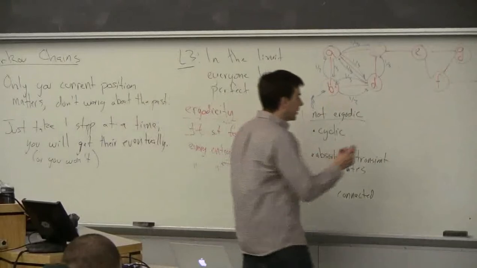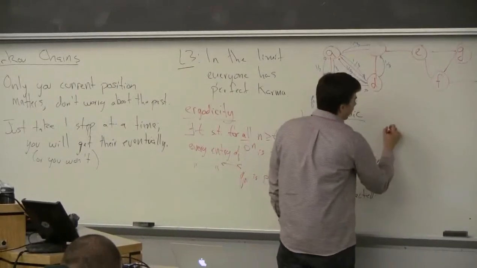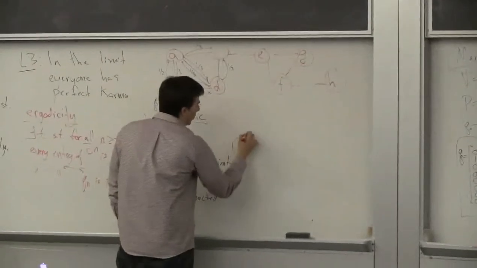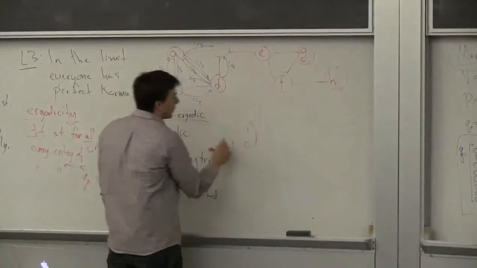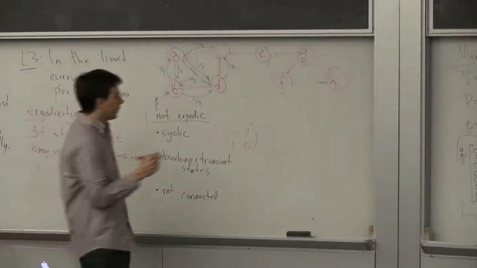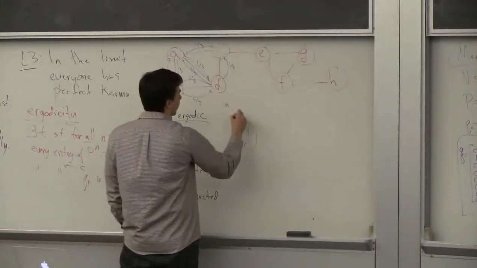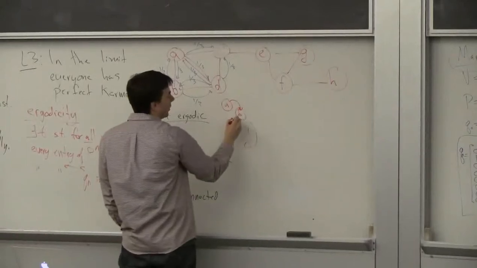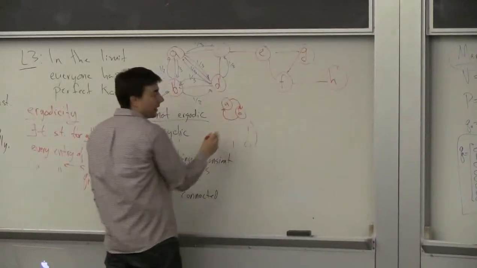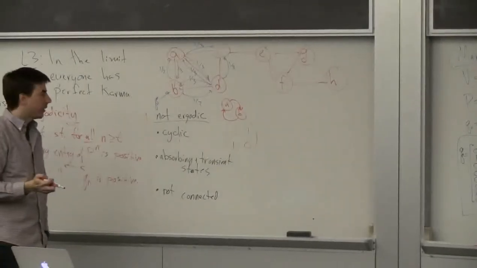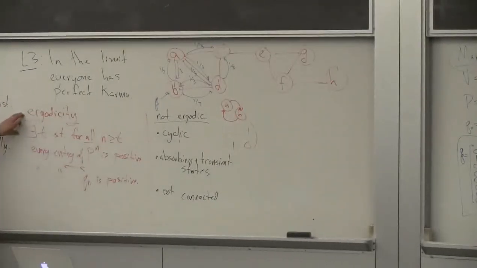An example of a cyclic probability transition matrix looks like this. It corresponds with a graph with just 2 nodes, A and B. If I'm in A, I always go to B, and if I'm in B, I always go to A. So it doesn't satisfy this ergodicity property.